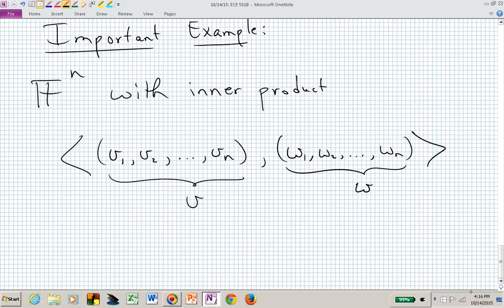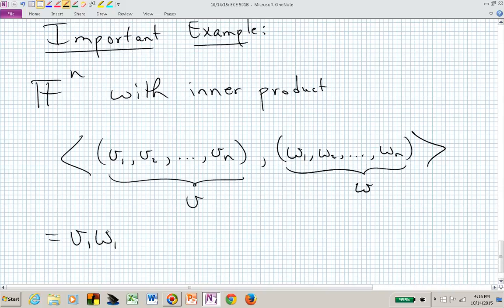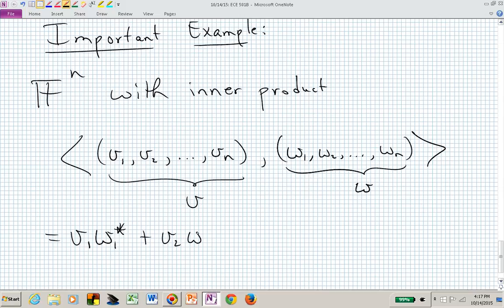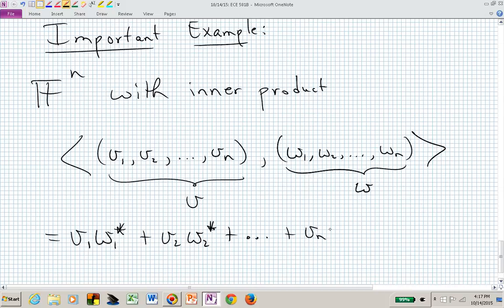The inner product of that in F^n is now v1 w1 conjugate. So we take the scalar v1, that's in F, either real or complex. w1 is a scalar in F, and we multiply those two coordinate elements that are in the same coordinate of v and w, and we conjugate the second slot's coordinate, plus v2 w2 star, down to v sub n w sub n star.